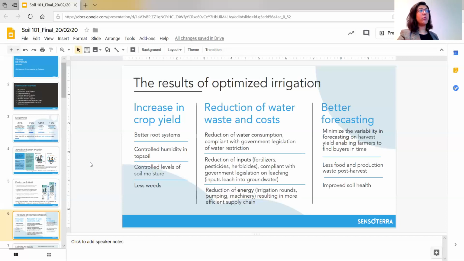So you can predict how healthy your crop will be when you give the right amount of water. And you can also improve soil health in general.